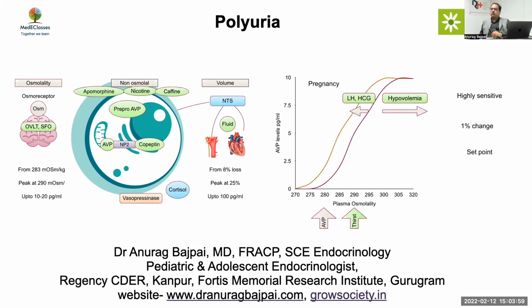Of course your urinary osmolarity will be low, and if you have a solute load, your urinary osmolarity will be more. So you will try to excrete everything, body is trying to do that, but still it is going above the capacity. So the single most important investigation in a child who comes to you with polyuria is to look at the osmolar status as far as the urine is concerned.